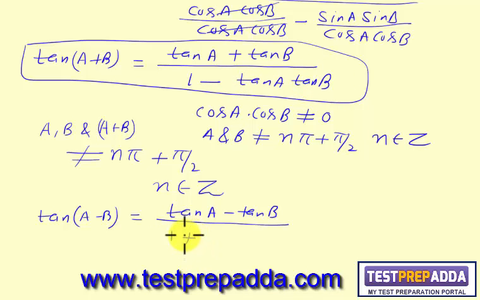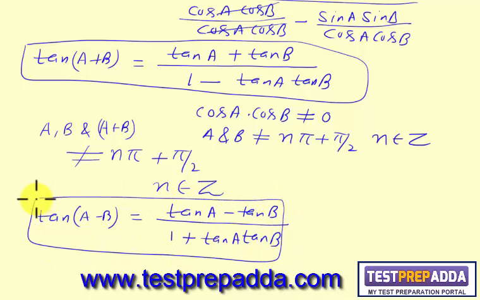So at the end it will be 1 plus tan A tan B. This way we get tan(A-B), but again the same rules will be applicable. A, B and A-B, these angles should not be equal to n pi plus pi by 2 where n belongs to integers. Got it?